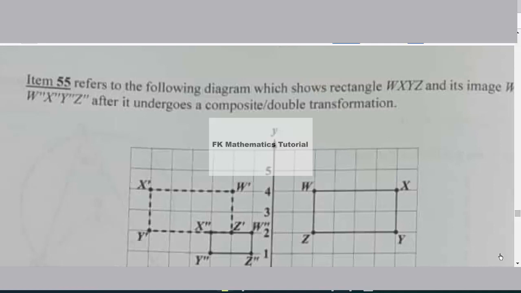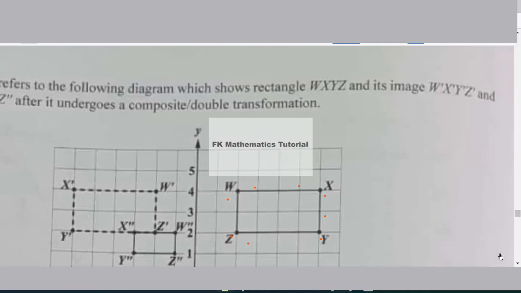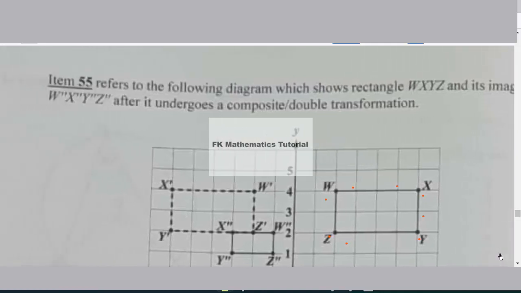So item 55 refers to the following diagram, which shows a rectangle WXYZ. So this rectangle here, and its image W prime, X prime, Y prime, and Z prime, and W double prime, X double prime, Y double prime, and Z double prime, after it undergoes a composite transformation, a double transformation.